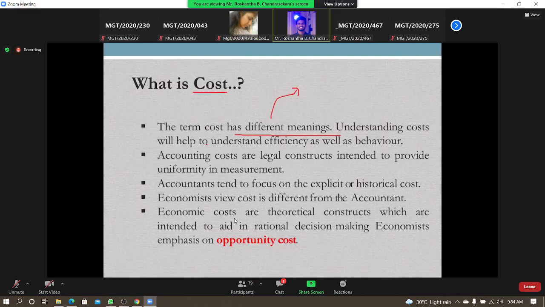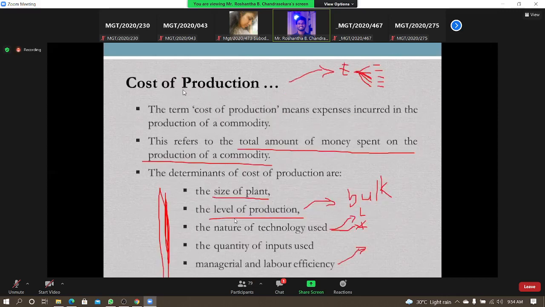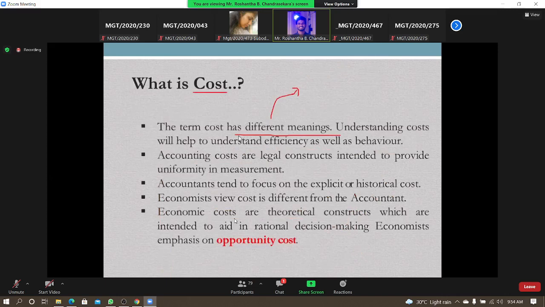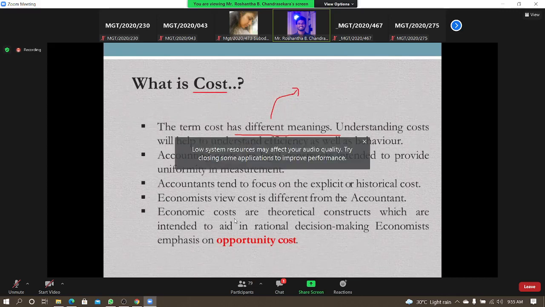Earlier we identified what is meant by cost of production, that is the total money, total expenses.